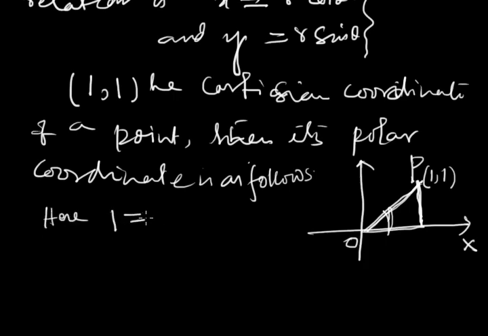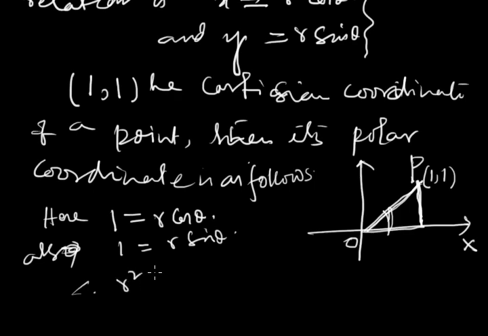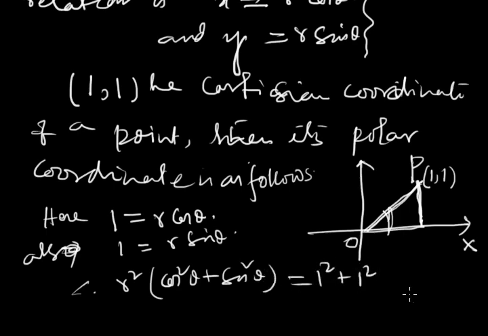Here 1 equals r cos theta, also 1 equals r sin theta. Therefore, r square (cos square theta plus sin square theta) equals 1 square plus 1 square equals 2. This implies r equals root 2.